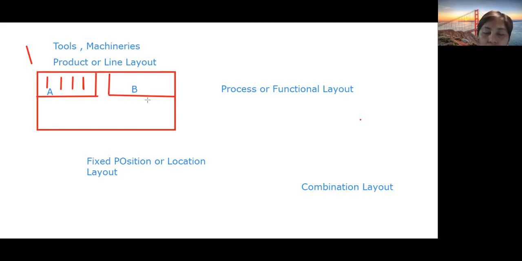Same with area B. The focus is on making machineries, and once you get inside that area, you will see different operations that are solely for making machineries.